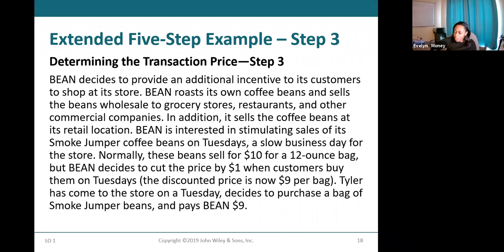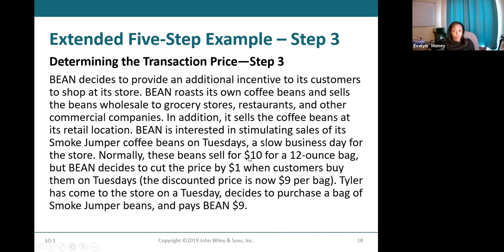Now let's look at step 3 with another example, determining the transaction price. So let's say that Bean changes things a bit and they decide to offer an additional incentive to their customers. They roast their own coffee beans and they usually sell them to grocery stores and restaurants on a wholesale basis, but they decided to sell it at their store, at their retail location.